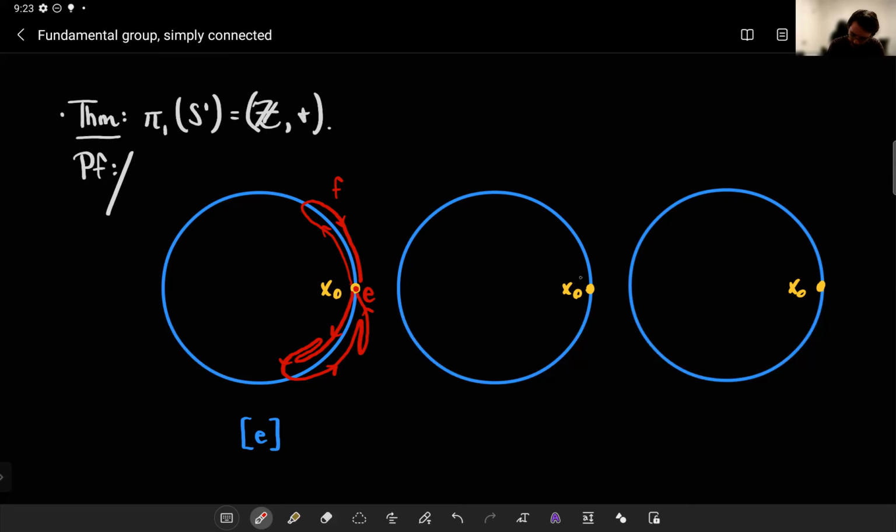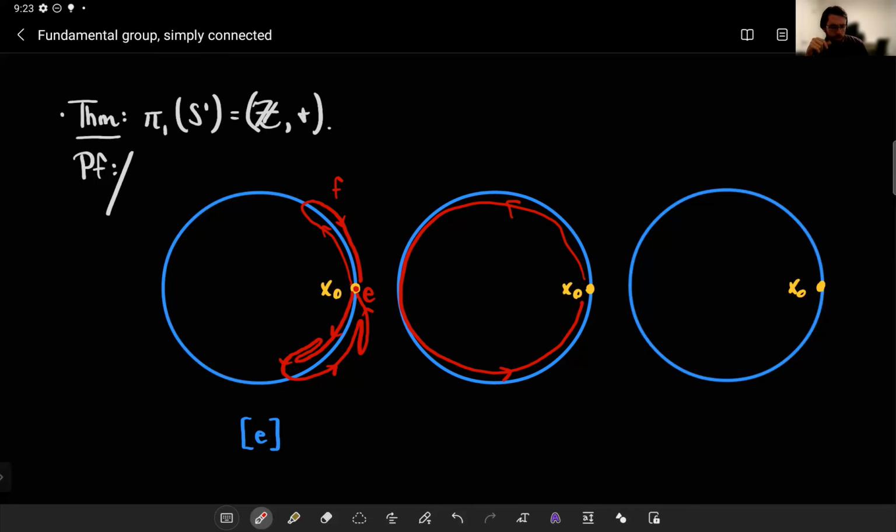The answer is I could traverse the circle like so. Sorry, that was quick. So I come out this direction, come in that direction, and I've made a full circuit. And the question now is, is that equivalent to the identity?